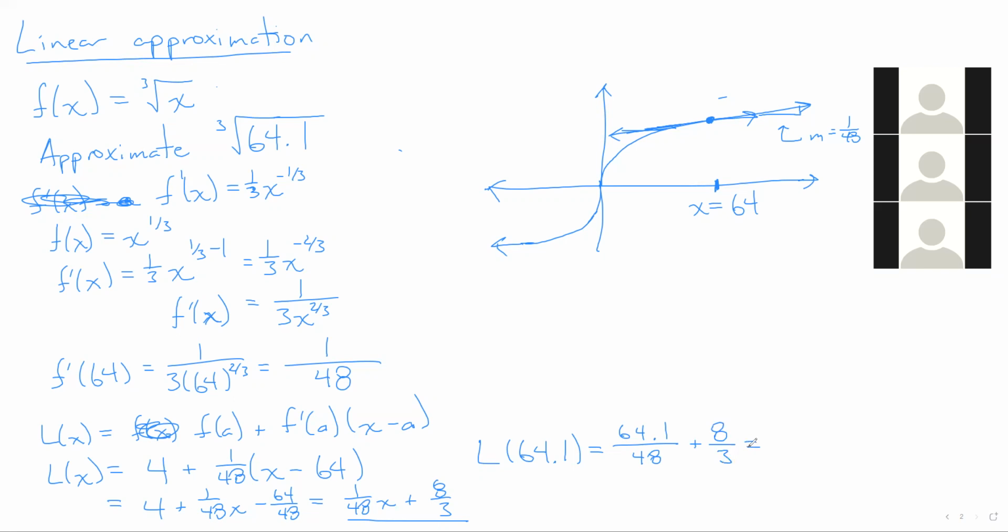So basically whatever this value is, that's what we want. If I approximate it to 5 decimal places, I get 4.00208. And if I take the cube root of 64.1, I get 4.00208. So pretty good approximation for that far out. Any questions there?